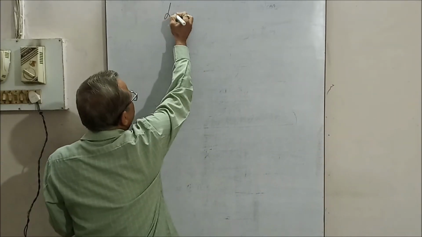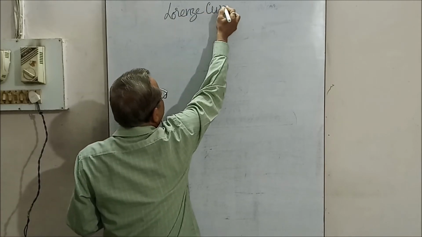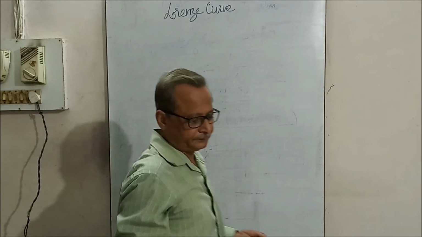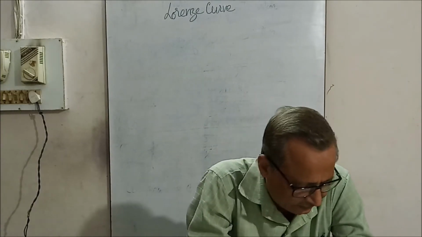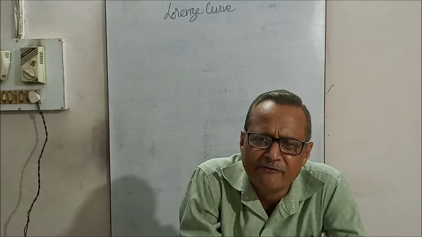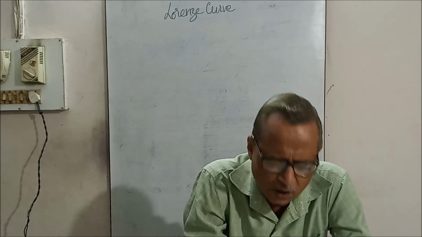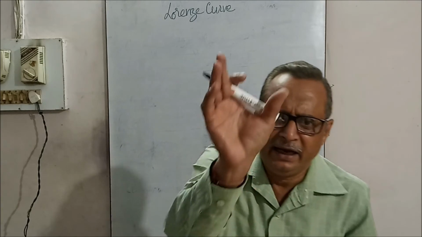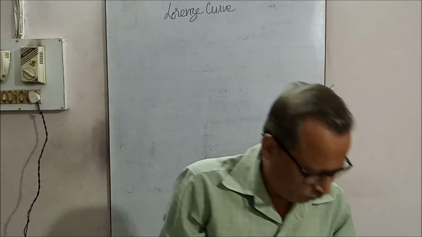The Lorenz curve gives the graphical representation of the distribution of income, wages, turnover, profit, etc. So it is presented in the graph. How is it presented? See, I am taking an example.